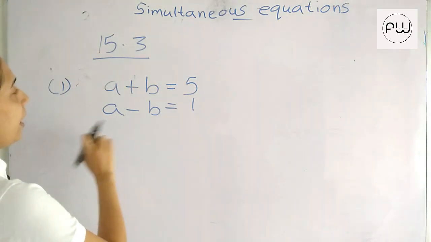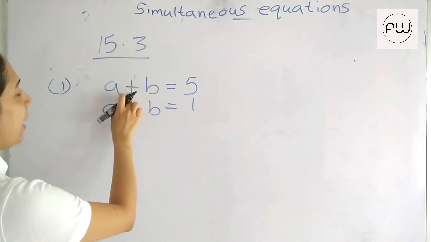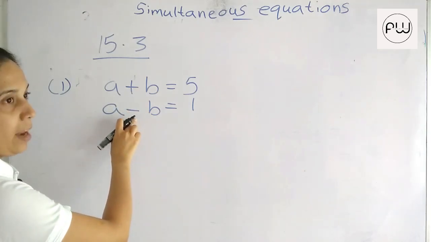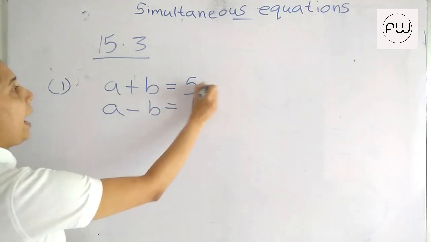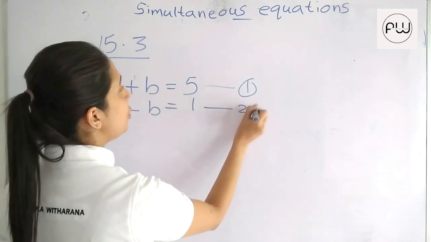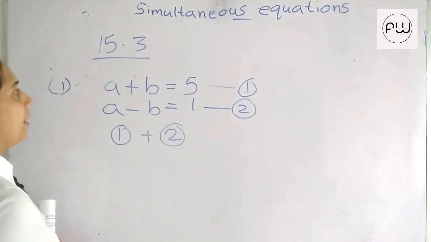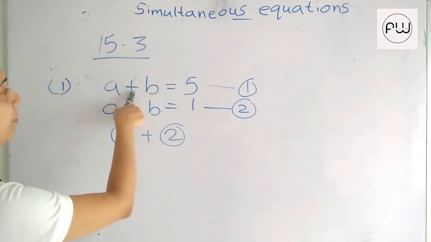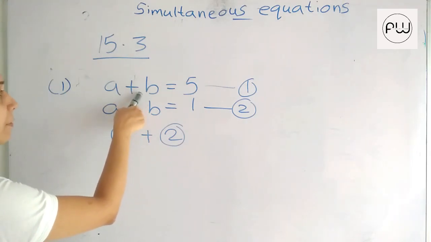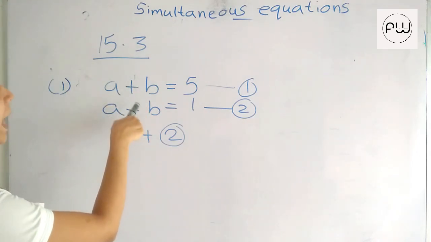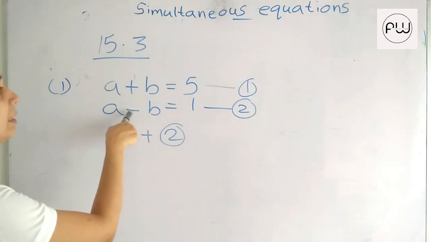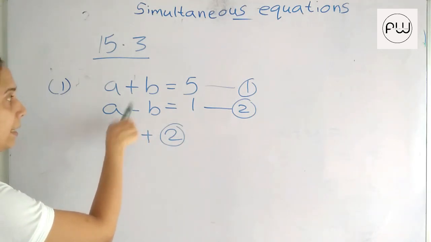And then let's get rid of the b term, here plus and here minus. Then what can we do? We can add these two equations together, the first one and the second one. Because the sign of the b term in the first equation is plus and the sign of the b term in the second equation is minus.